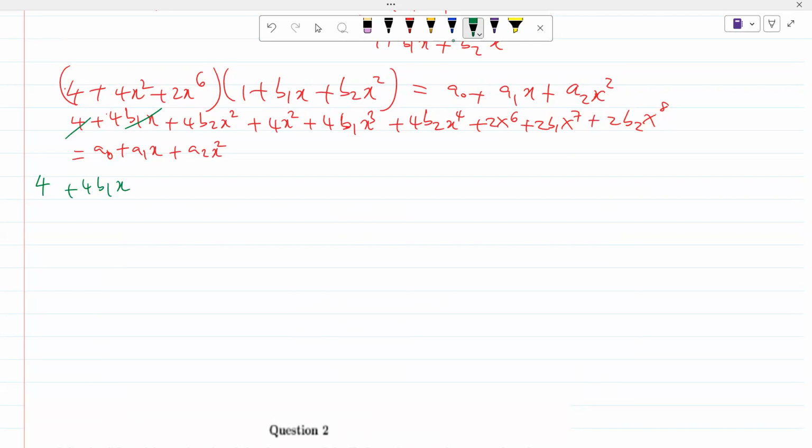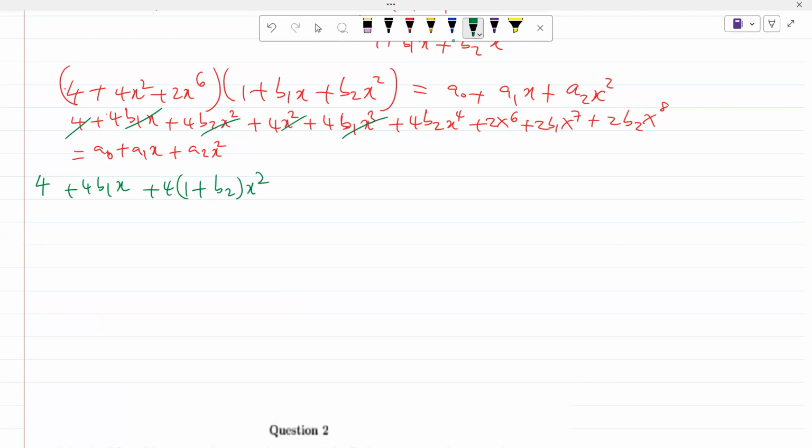Okay, and then the quadratics. The quadratic terms on the left are these two. If you pull out 4, you're left with 4 into 1 plus b2, times x squared. Then the cubics. What other cubic term is there?